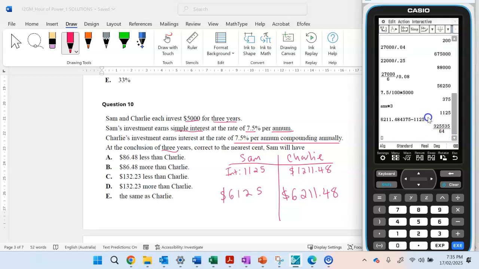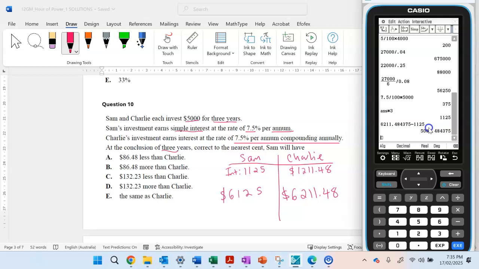If you get a funny answer like that, you're probably in standard mode, so just change it to decimal. All right, so 5,000. Oh gosh, then you realize you made a mistake, so you should put a 6 there. So Charlie earned $86 more, so Sam earned $86 less than Charlie.